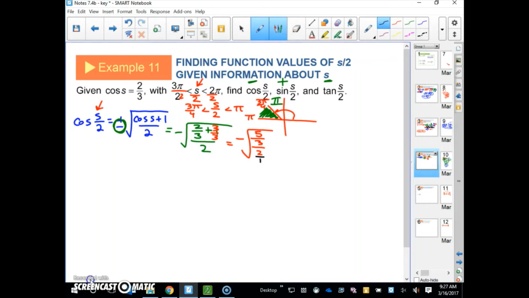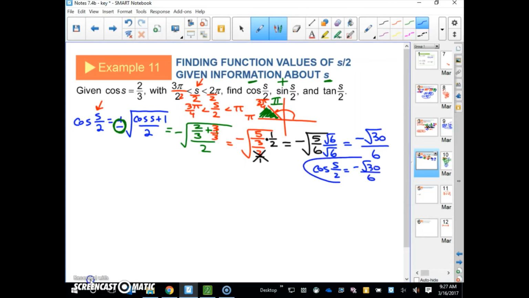And we want to think of that as a fraction, and when we're dividing fractions, we're going to multiply by the reciprocal. And so that cleans up a bit to negative square root of 5/6. At which point we're almost finished, but we would want to rationalize the denominator like usual. That's going to be negative square root 30 over 6. So cosine s over 2 equals negative square root of 30 over 6.